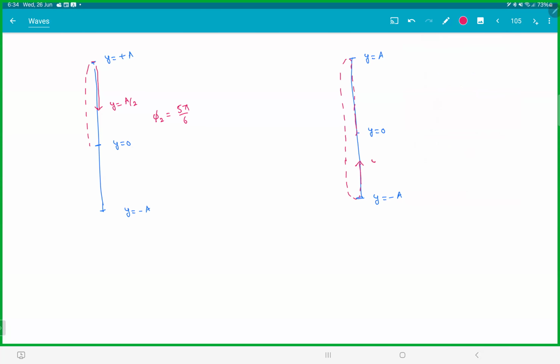You are here at y is equal to minus a by 2, and you're going towards mean. This can be how much? 330 degrees, na? 360 minus pi by 6, 11 pi by 6. So phi 2 can have two answers. Because you didn't tell me whether the string is up or down, so I'll assume both the cases. Is this clear, everyone?